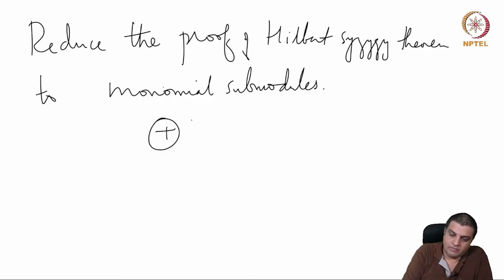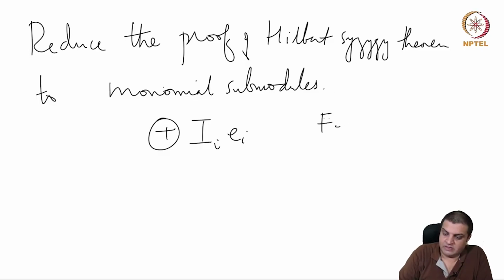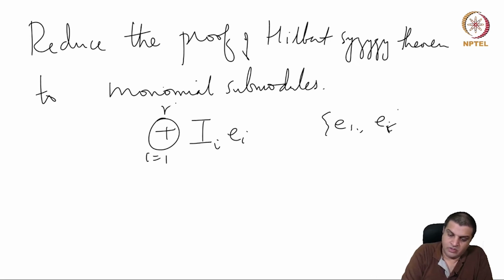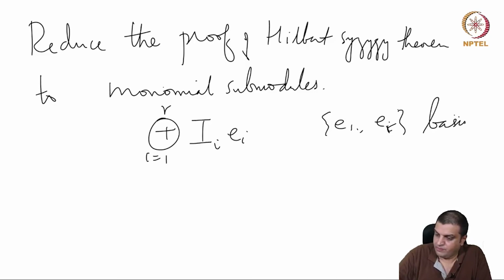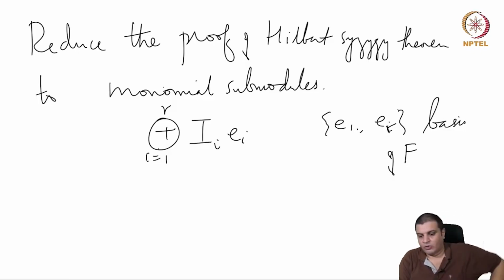They look like the direct sum of I_i times e_i, where F has basis e_1 through e_r.